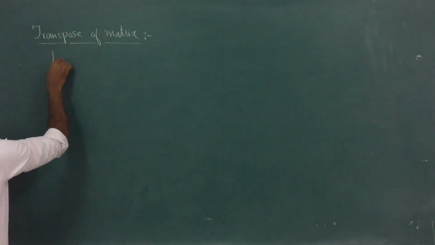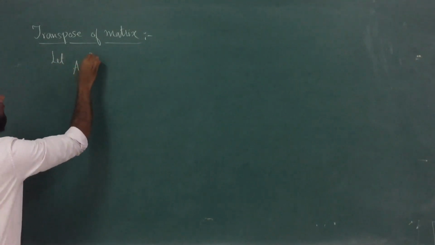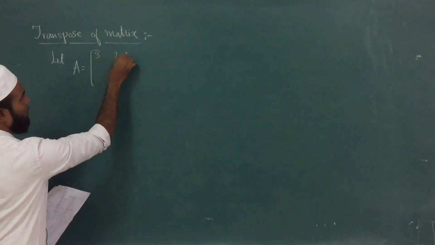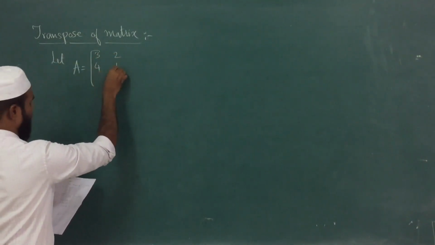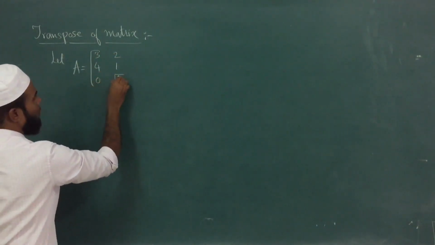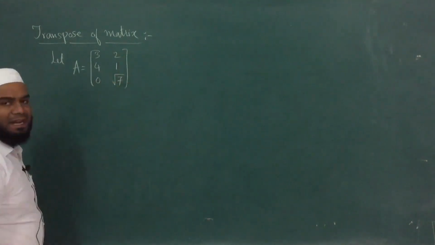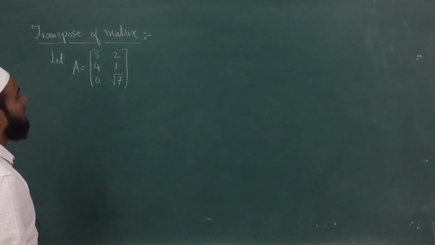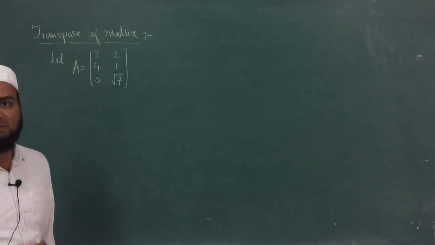Suppose I have a matrix, let A equal to 3, 2, 4, 1, 0, root 7. How do we define the transpose of this matrix?